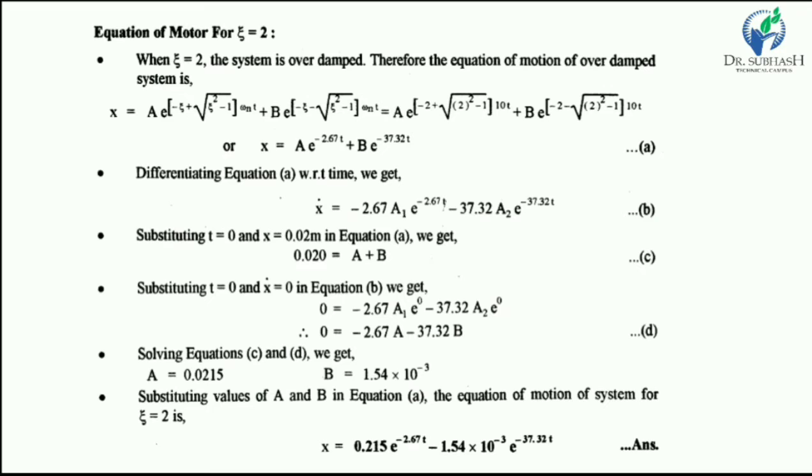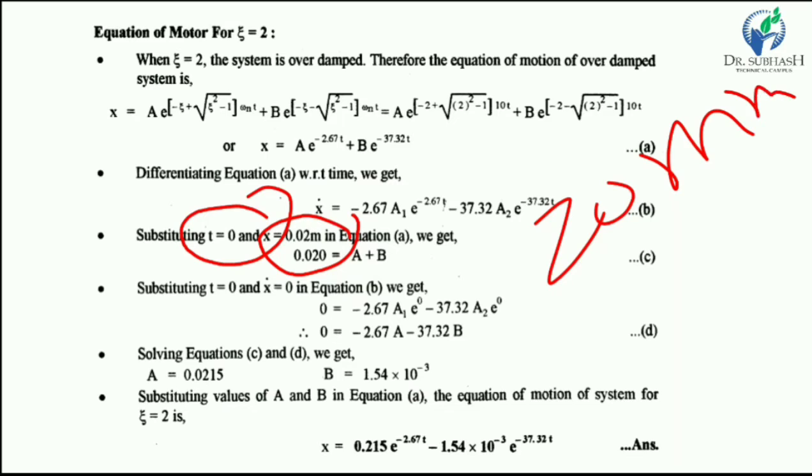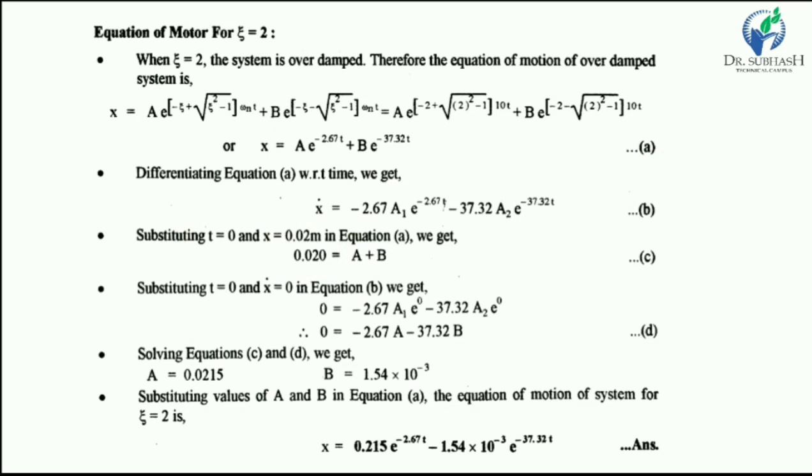Now we have to consider the initial boundary conditions. In this boundary condition, the initial displacement is 0.02 meter, meaning the 20 mm given in the example data. At time t equal to 0 the vibration has not started, so from that initial displacement the vibration starts. So the first condition is t equal to 0, x equal to 0.02 meter.